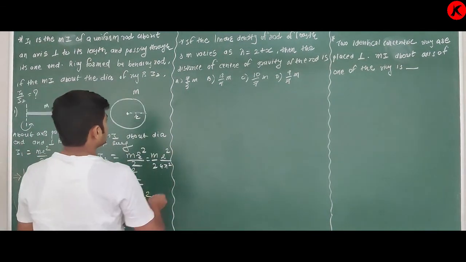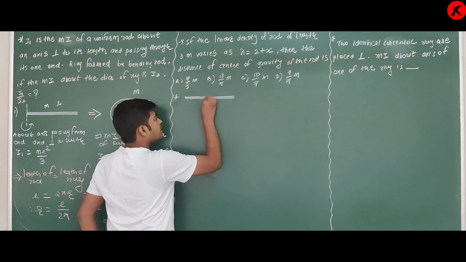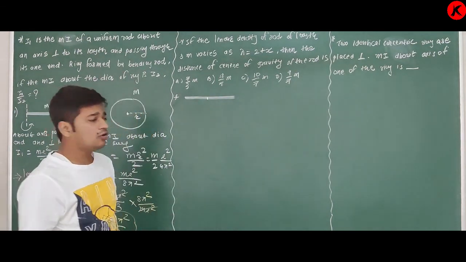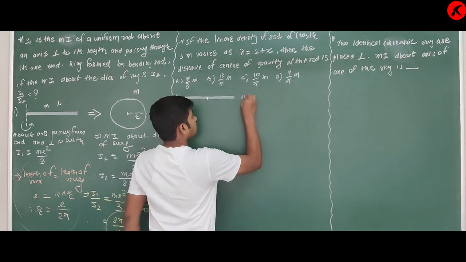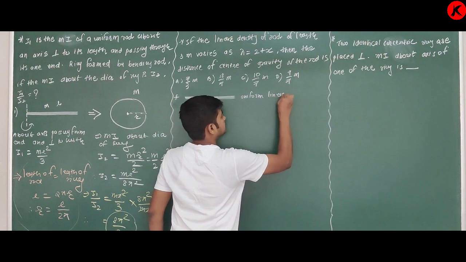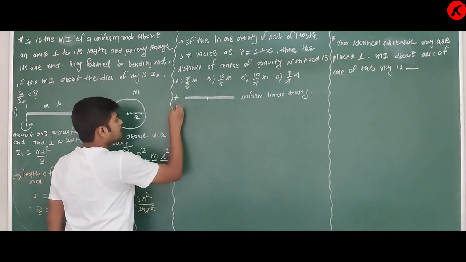If mass is constant, for example like this, then its center of mass is obviously at its geometrical center, for uniform linear density.